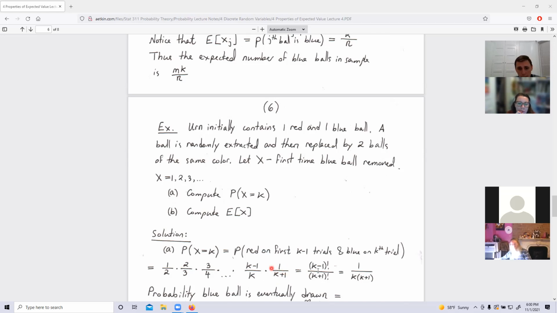You can see the numerator is k minus 1 factorial. The denominator is k plus 1 factorial. You agree? I mean, it's missing a 1, but it doesn't matter. And so when I simplify it, the answer is 1 over k plus 1. You agree with me?